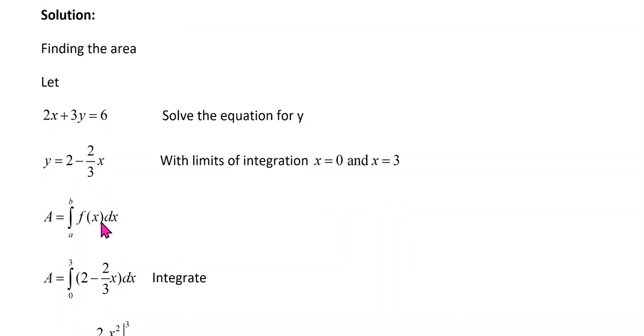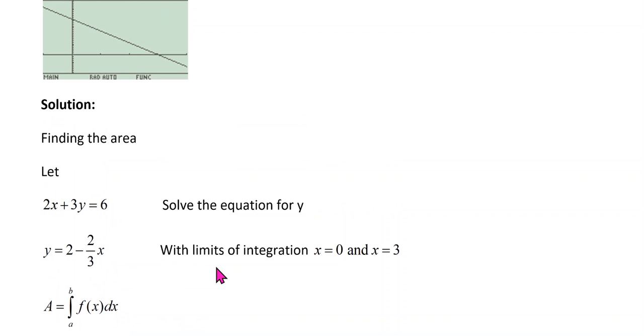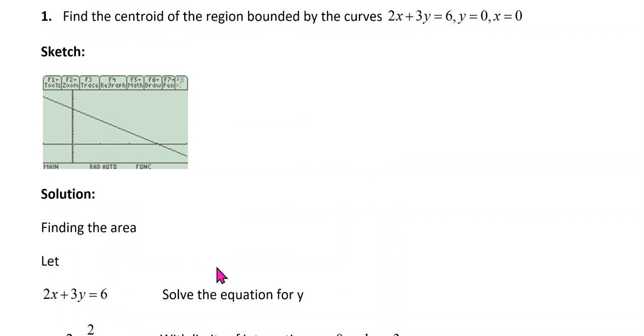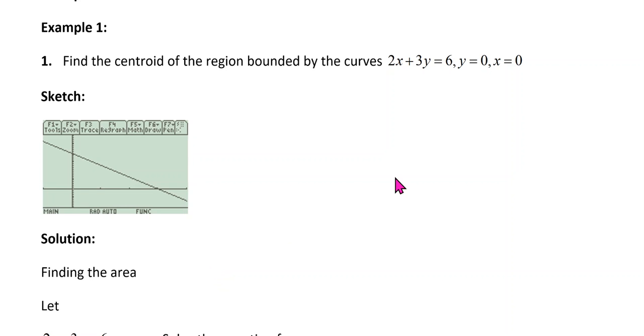So y is f of x. Looking at the problem, 2x plus 3y equals 6 is this line. Y equals 0 is basically the x-axis. X equals 0 is the y-axis. That's how we get the triangle.